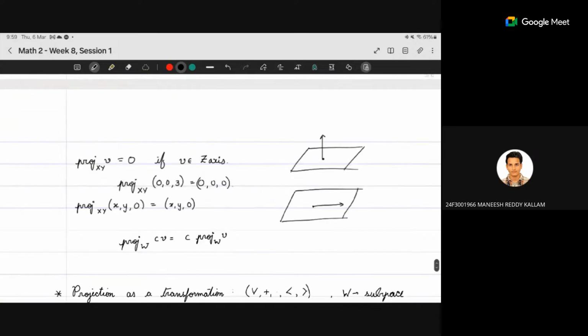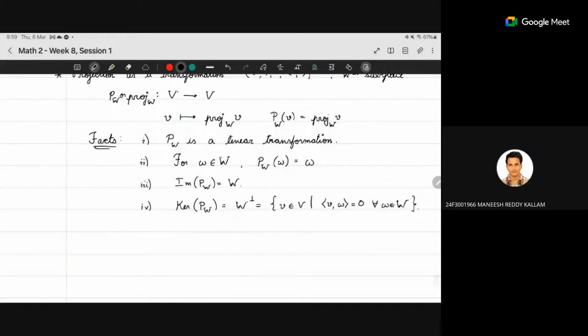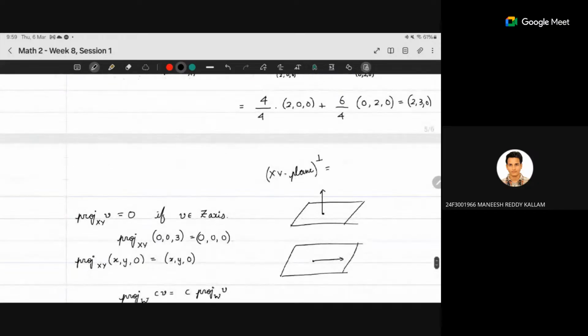The specific example here: we have already seen that any vector on the z-axis projects onto 0, so any vector on the z-axis is in the kernel, correct? Yes, sir. And what is xy plane perp? If you are given a subspace, there is a perpendicular subspace to it. So this W perp that I've written is actually a subspace. So what is xy plane perp? It is all the vectors xyz such that xyz is perpendicular to all vectors in the xy plane.